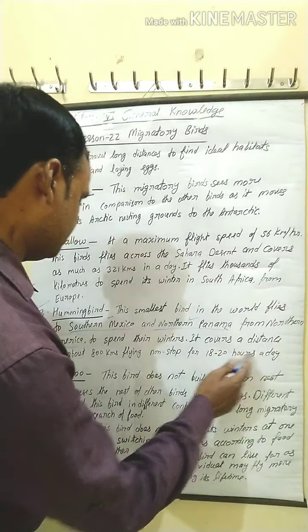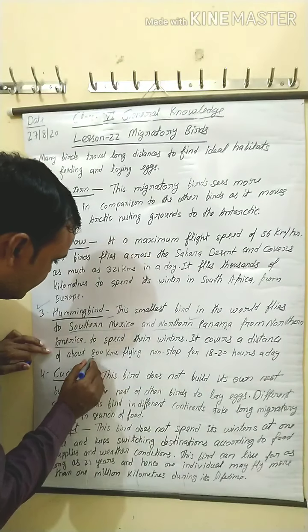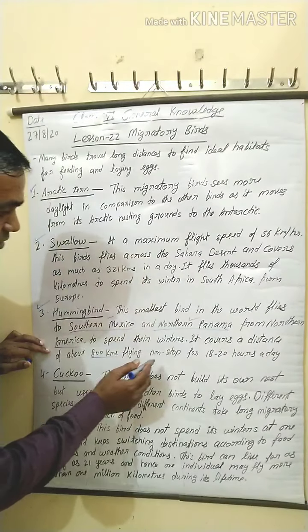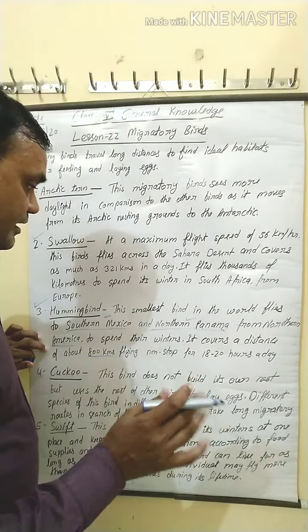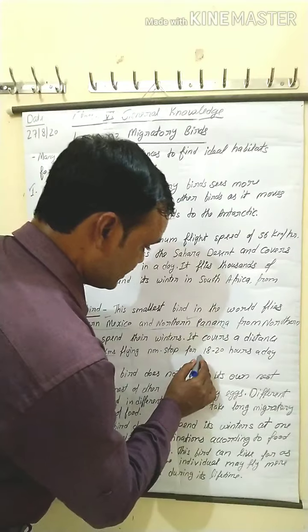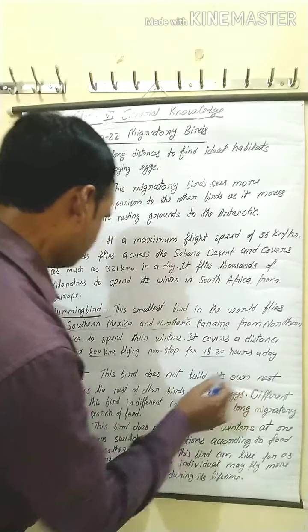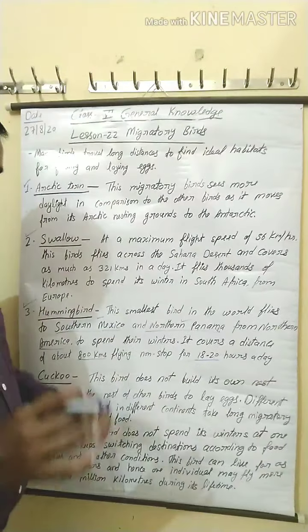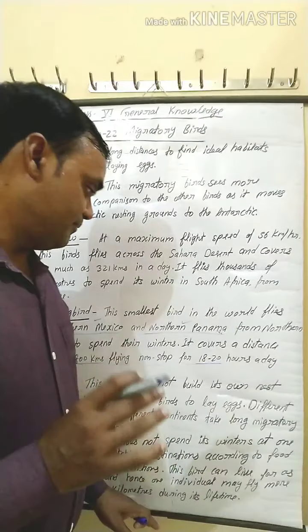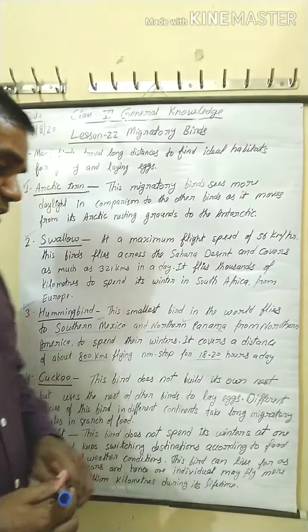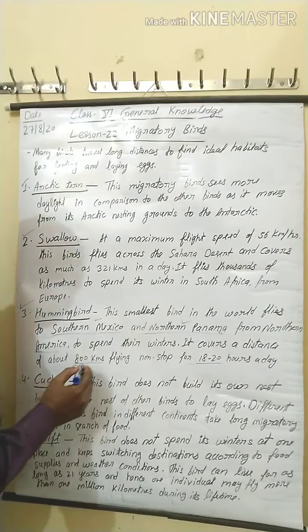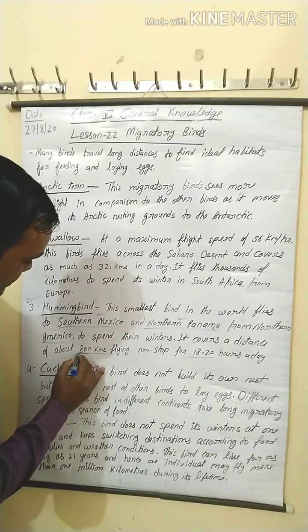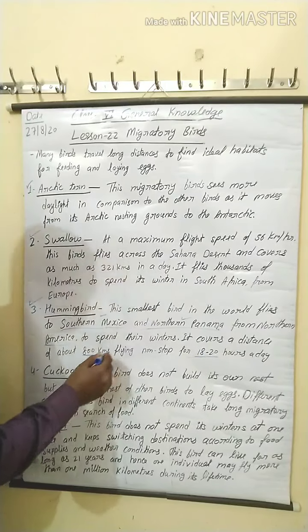It covers a distance of about 800 kilometers, flying non-stop. They can fly continuously for 18 to 20 hours a day, and they cover about 800 kilometers in a day.